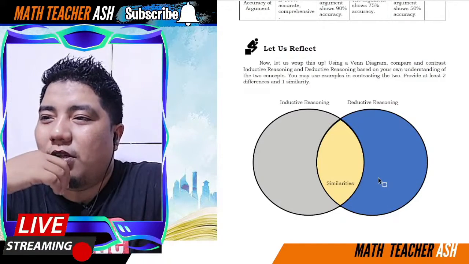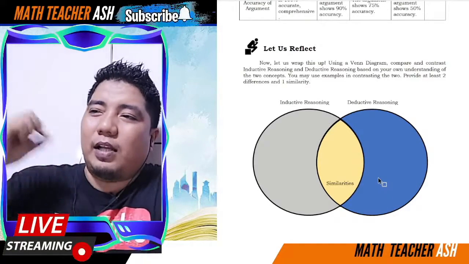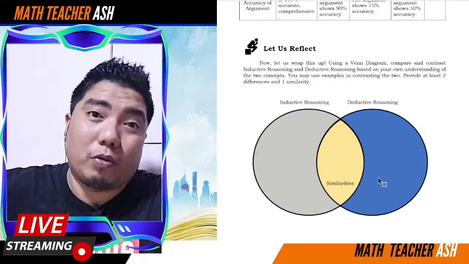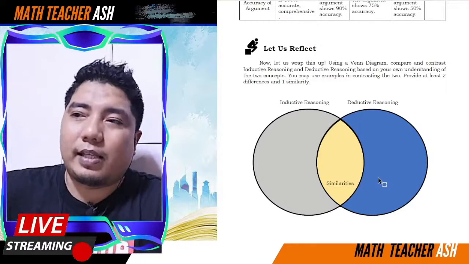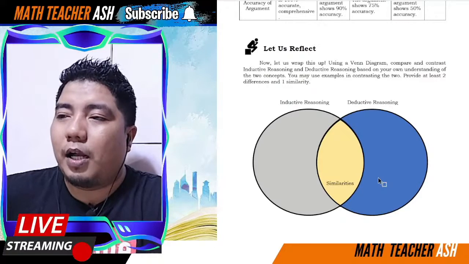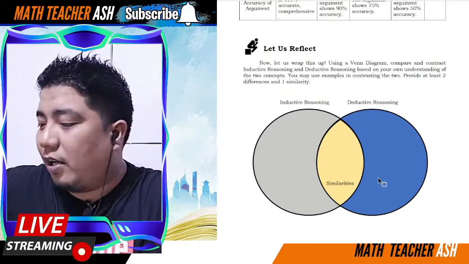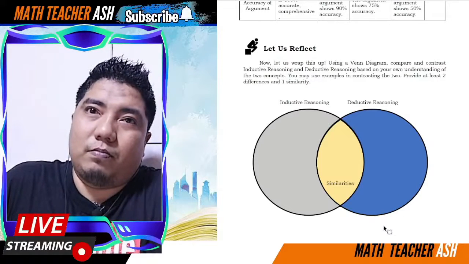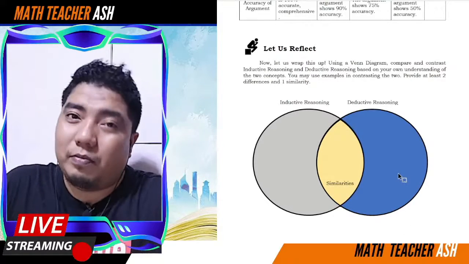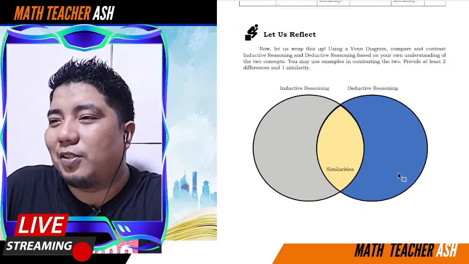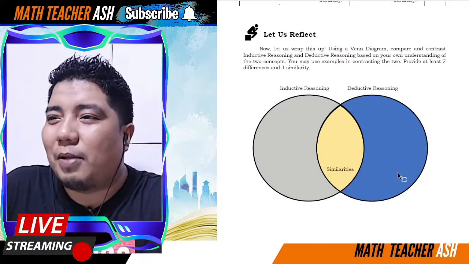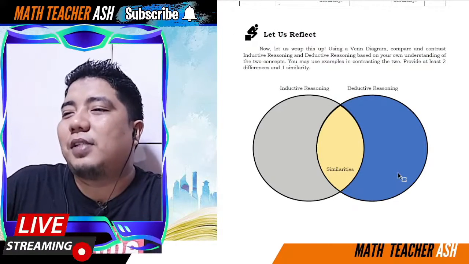So, of course, for me, the similarities of inductive reasoning and deductive reasoning, they are both kinds of reasoning. And the second one is that they are both used to justify or to give a conjecture of a certain phenomena, or certain happening. Okay, so I'm sure kayang-kaya nyo nang alamin kung anong pagkakaiba ng inductive sa deductive.